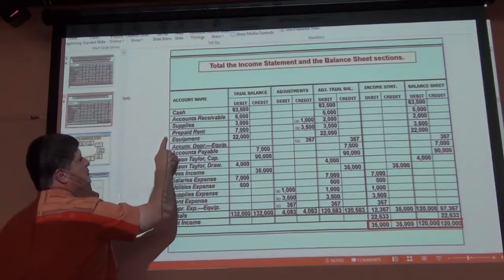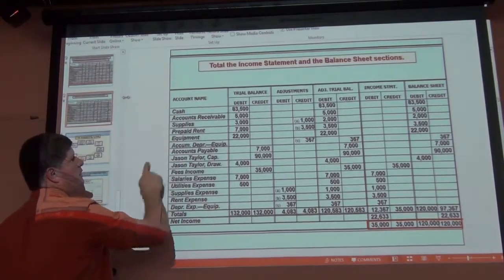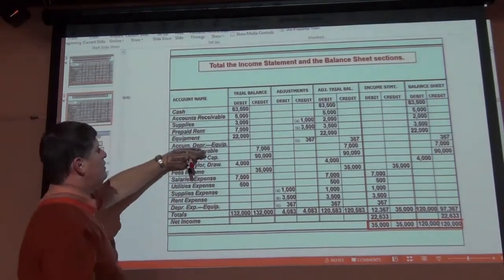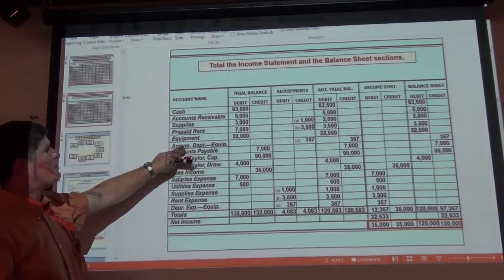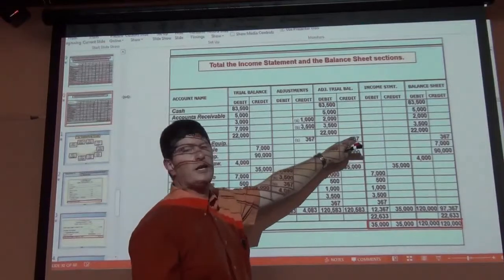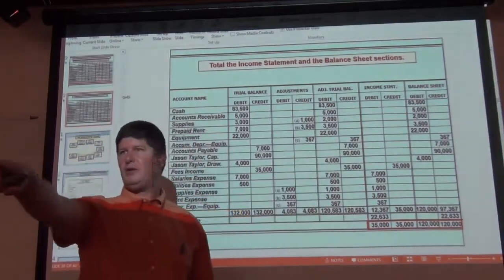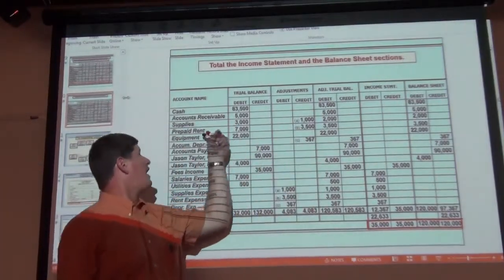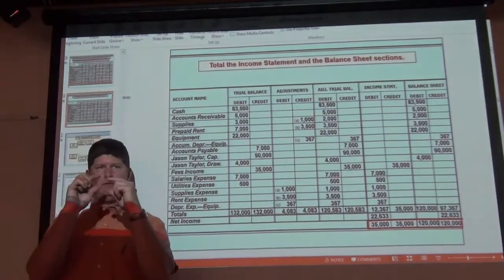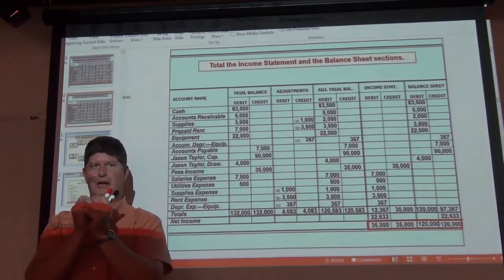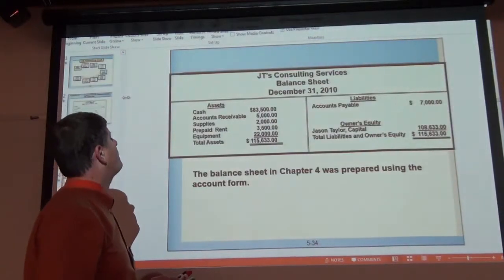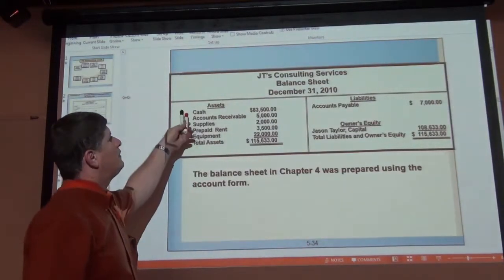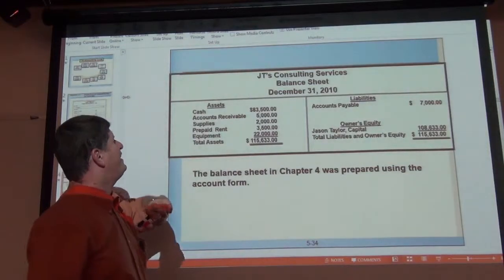Cash, accounts receivable, supplies, prepaid rent, equipment, accumulated depreciation. Those are all of your asset accounts. Accumulated depreciation, even though it has a credit balance, is a complementary account to the asset equipment, and they stay together, even on the balance sheet, okay? So when we present that, they didn't do it.